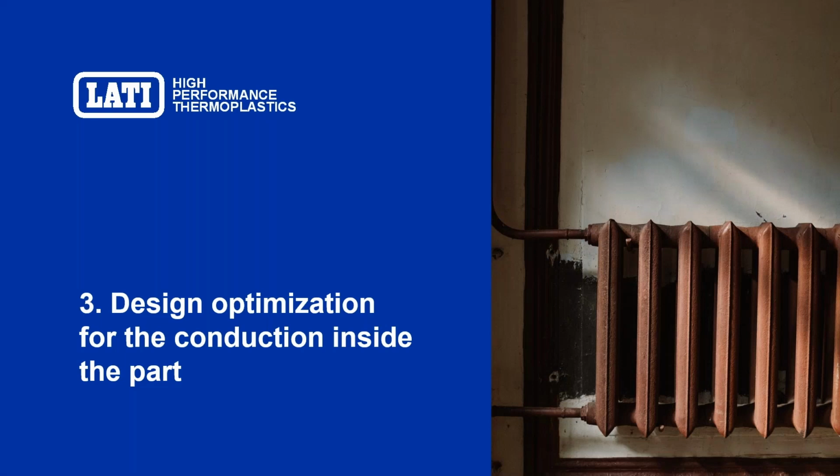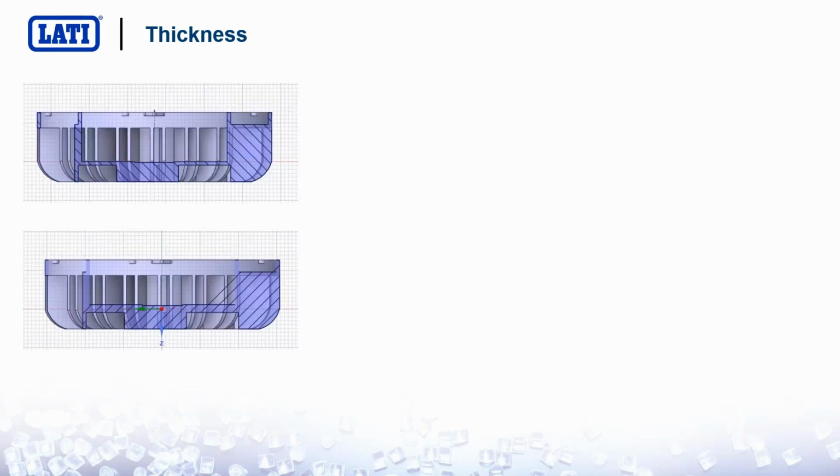The last topic we will talk about is the design optimization for the conduction inside the part. For this, we wanted to think about the thickness, and in particular, the thickness of the base of a heat sink. You see here on the top the original geometry. We doubled the base thickness, and we had a look at the difference.